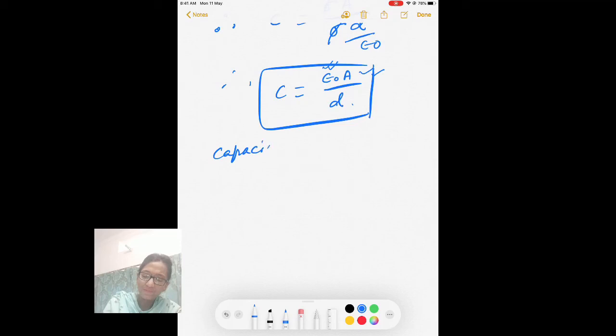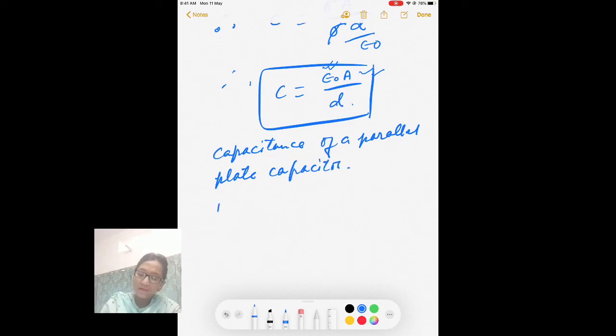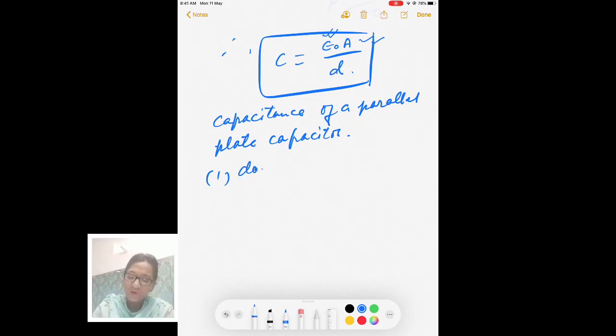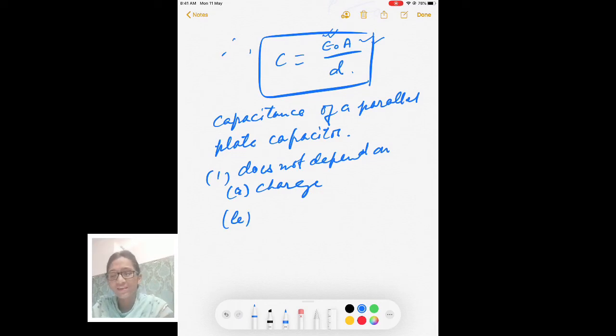The capacitance of a parallel plate capacitor: Number 1, A, does not depend on charge. B, it does not depend on potential either. Here you can find that there is no mention of potential in this equation, so it does not depend on potential either.